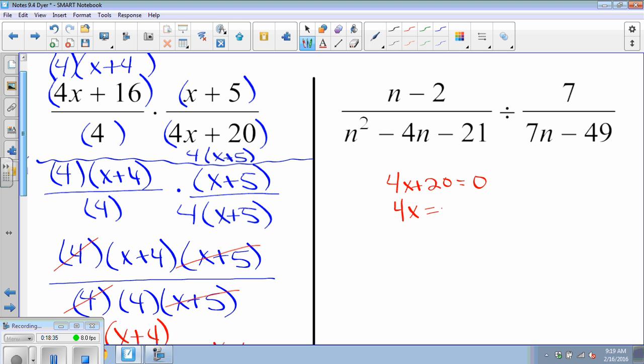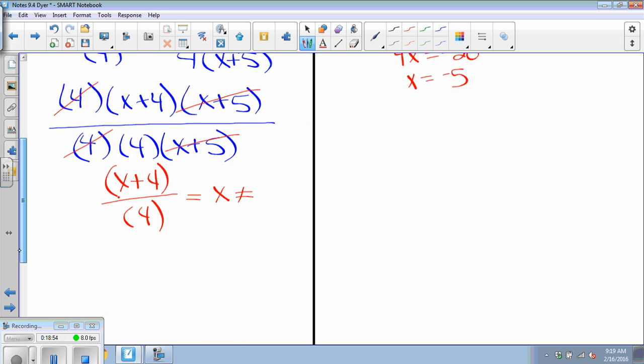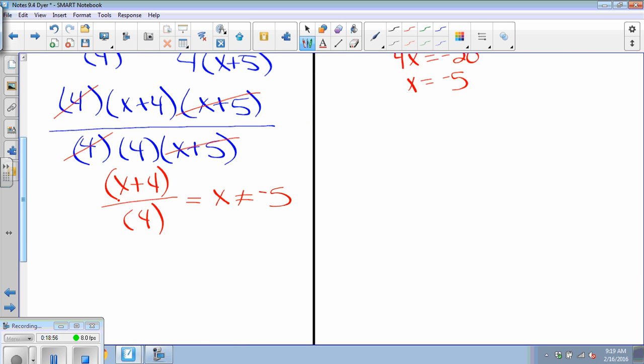So 4x equals negative 20. Divide both sides by 4, and x equals negative 5. So if x was negative 5, then I would have 0 in the denominator right here, right? So negative 5 is something that x can't be. As part of my answer, I say x can't be negative 5.